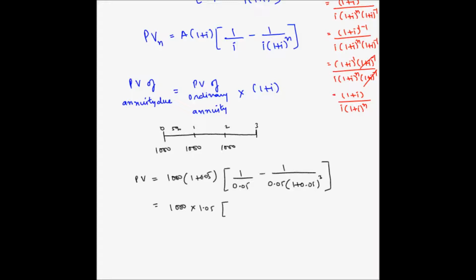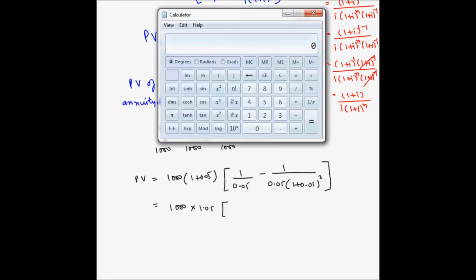Now let me pull my calculator and calculate this portion. So let's first take this part. So this is 1.05 to the power 3. So 1.05 cube into 0.05 and reciprocal of this.